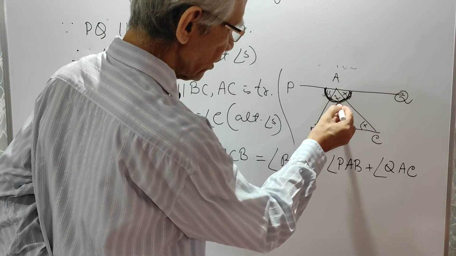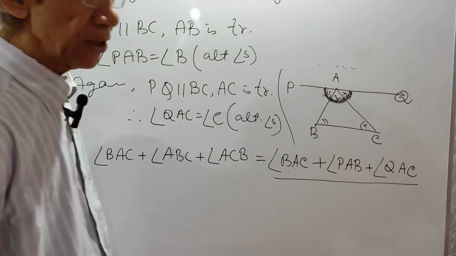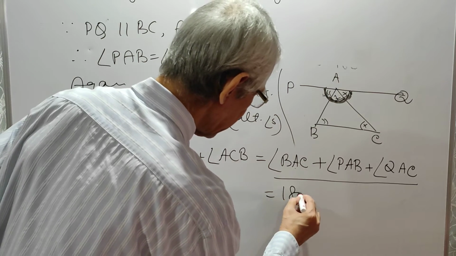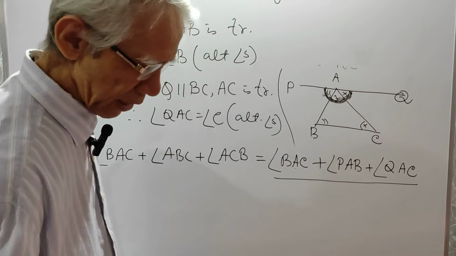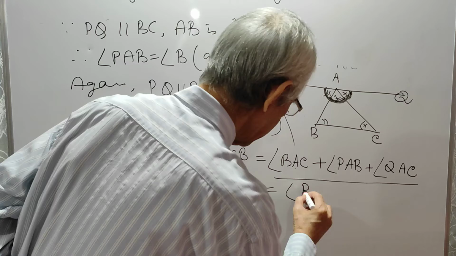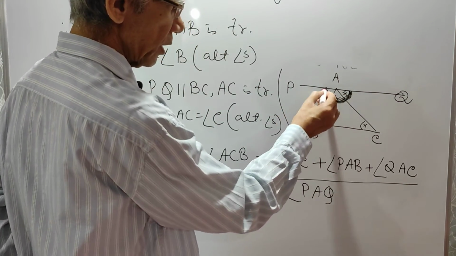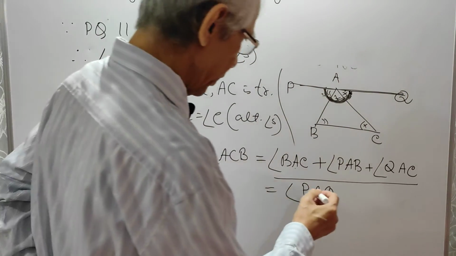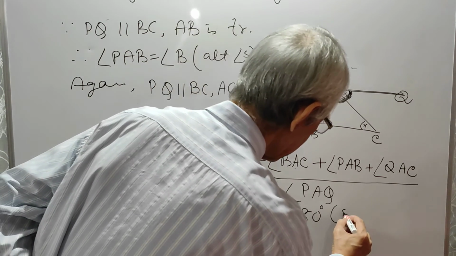So these three together make this angle, and this angle is 180 degrees because it is a straight angle. So let us name the angle. These three together make angle PAQ. So this plus this plus this, these three together, we get this angle PAQ, and this is a straight angle, and that is equal to 180 degrees.